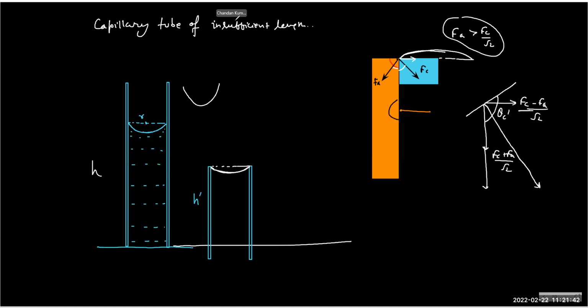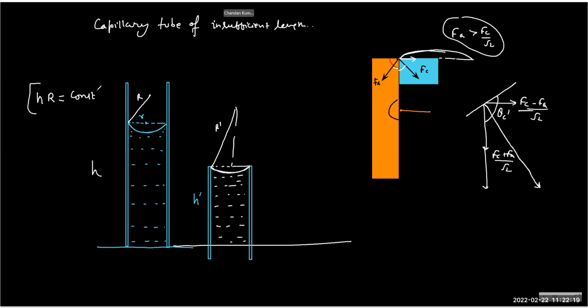There is a question being asked: if the radius of curvature of this part I say as r, and of this part I say as r dash, then what we can say is that h into radius of curvature is also constant, but this is not Newton's law.